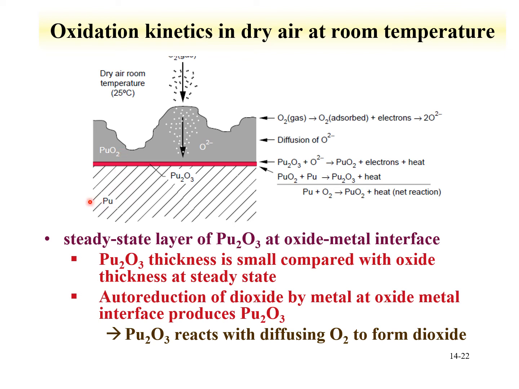You oxidize some of this metal to this trivalent state, and eventually the oxygen that diffuses through interacts with this Pu2O3, forming the PuO2 state. As we see here, this layer is involved in the kinetics of the formation of this oxide.